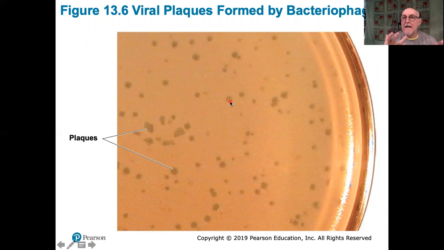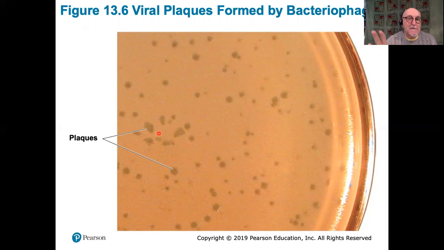It will reproduce inside a bacterium. That bacterium will release the viruses in one way or another. And those viruses then spread around and begin to infect the bacteria nearby. And pretty soon they will have cleared little patches here, which are visible as clearings in this background of bacteria. And these we refer to as plaques.